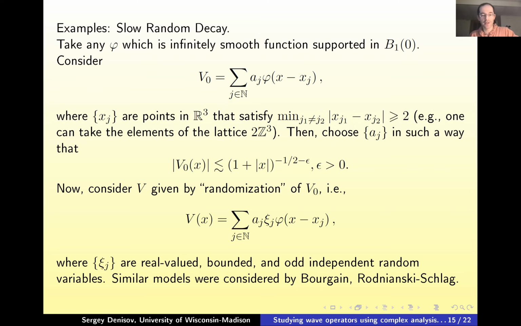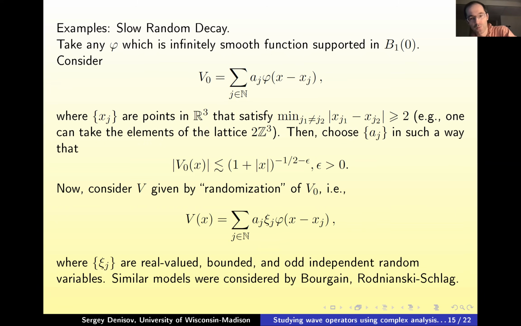So to get the right oscillation, all you have to do is randomize. Every amplitude will come with randomization. So these cj's are IIDs, with some very mild assumptions, but if you assume that these cj's are Bernoulli, that will be good enough. This is exactly the model that has been studied by Bourgain and Rodnianski-Schlag.